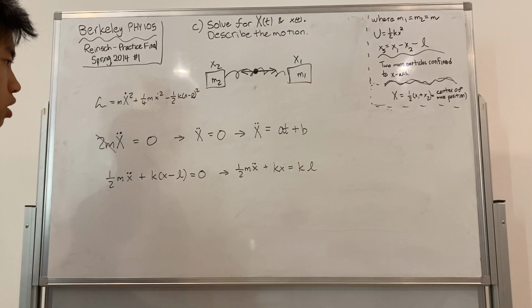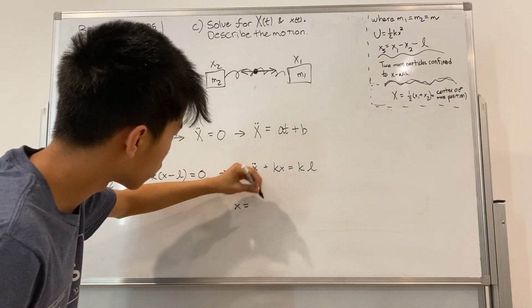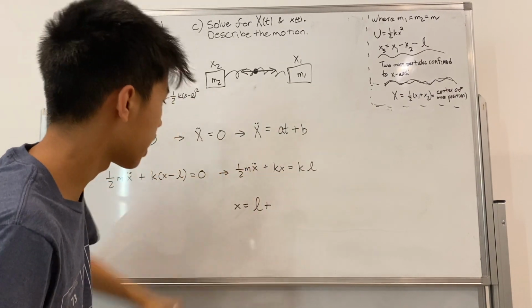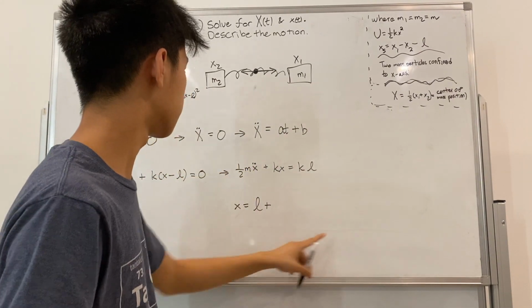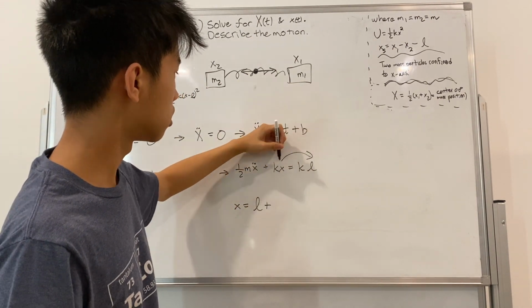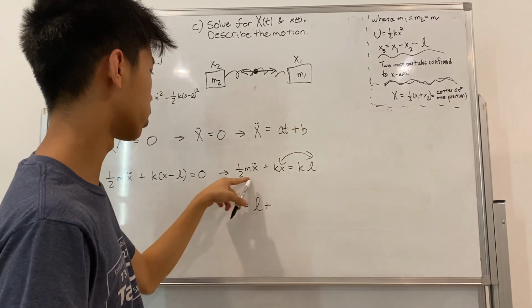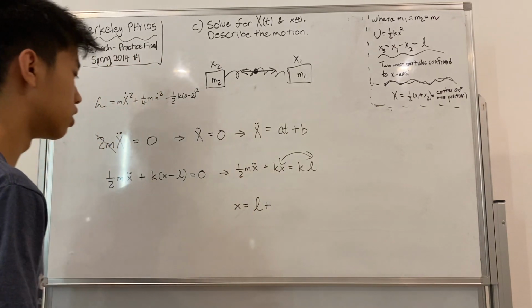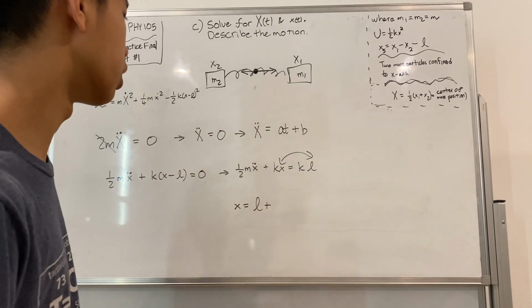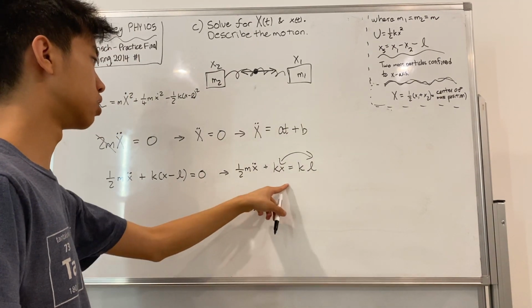So here we know that there must be an L as a constant added onto whatever we get because of the L here. Plugging in L will get us kL, and then it will get canceled out in the second derivative, so L can be there. And then here we have to solve for the homogeneous equation.